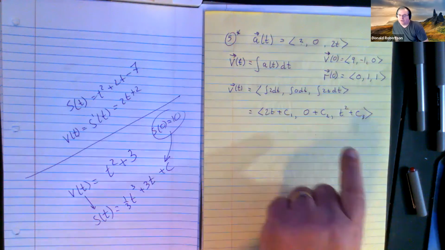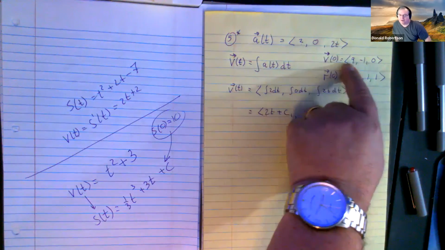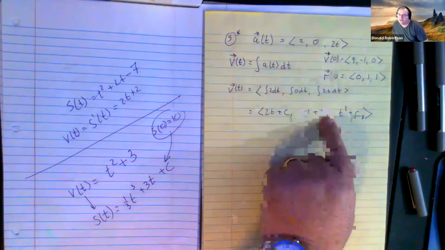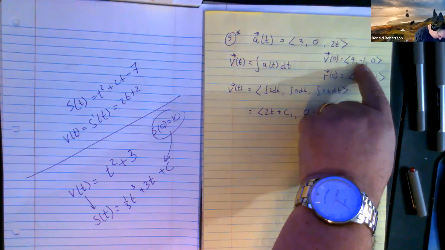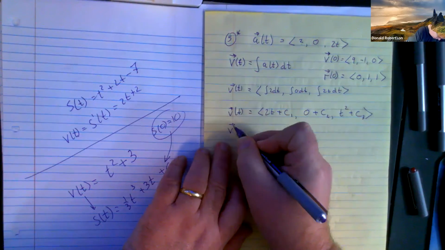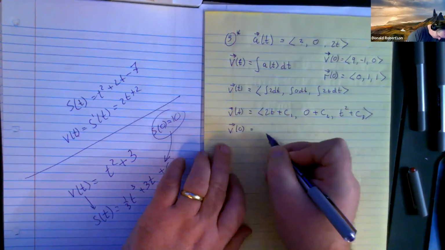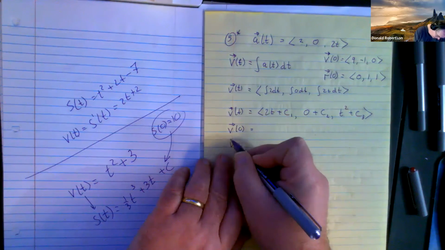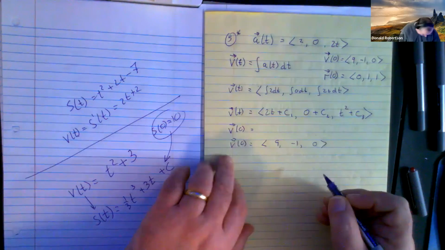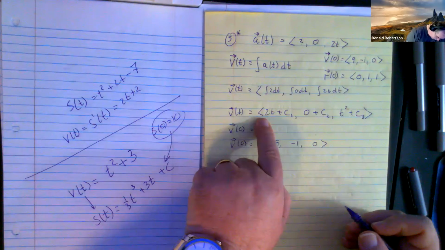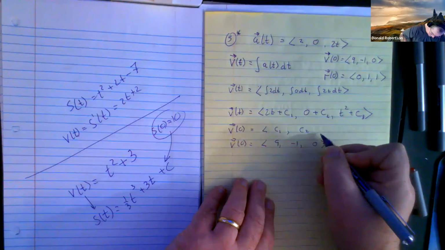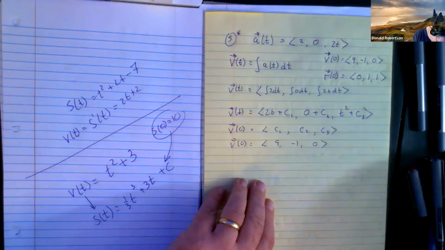Now I'm going to use this piece of information to figure out who these guys are. So if you tell me the velocity at 0 is 9, -1, 0, right? So this is the velocity at t. But if you tell me the velocity at 0 is 9, -1, 0, and I put 0 in here, I get nothing plus C1, nothing plus C2, and nothing plus C3. And can you see I can now match them?